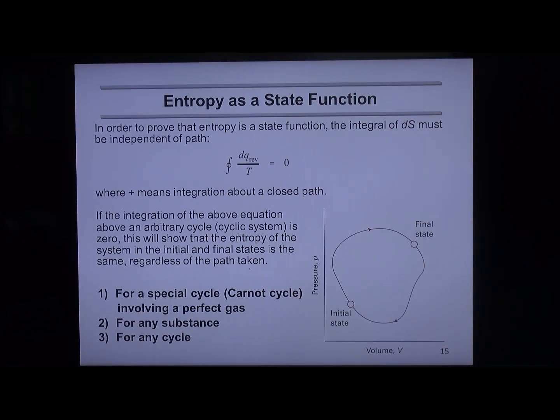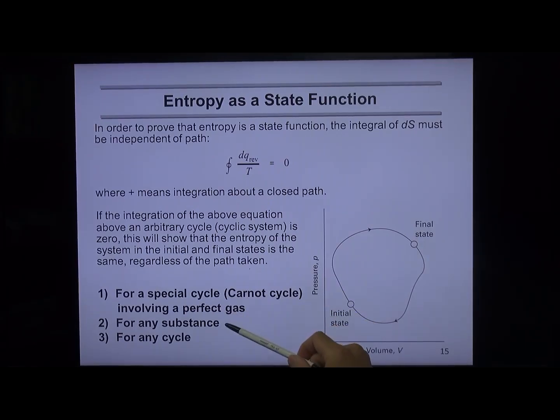We'll demonstrate this, and we'll follow these 3 steps. First, we'll show this is true for a special cycle, which is called the Carnot cycle, especially for perfect gas. So we'll first show that this is true for a very specific case, a special cycle and a special gas.